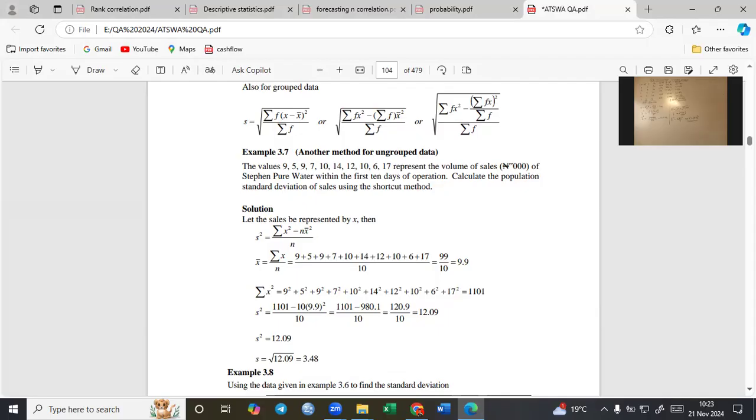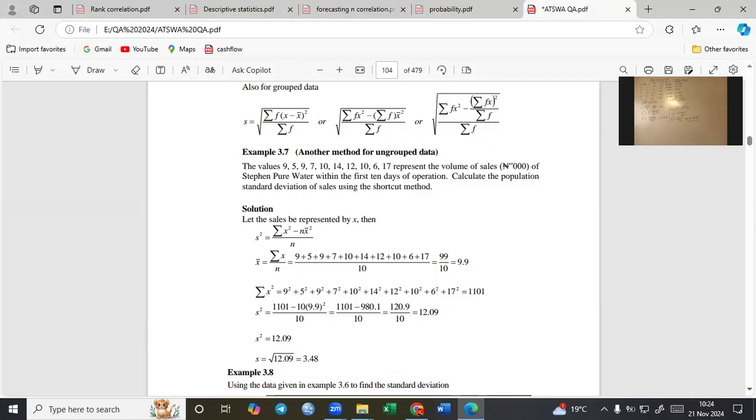Or, remember we are still doing the shortcut method. Summation of fx squared minus summation of f, then you multiply with x bar squared, which is not complicated, over summation of frequency.